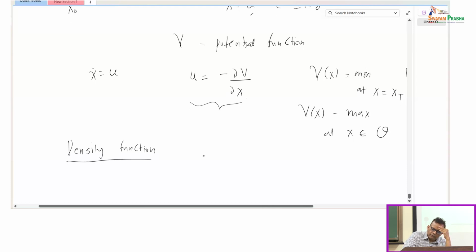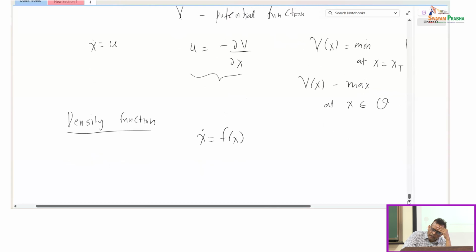So let's say I give you an x dot equals f of x system, and you are able to find a density. Before talking about safety, let me just write this down because this is where we ended yesterday. Let's say I have a density function rho which solves the following equation.